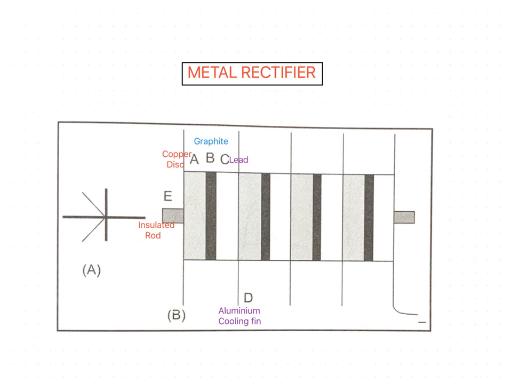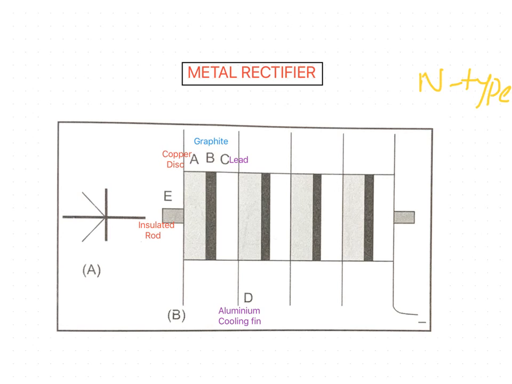Here the copper oxide works as a p-type semiconductor, and copper, being a metal which has free electrons, acts as n-type, whereas the copper oxide acts as p-type.